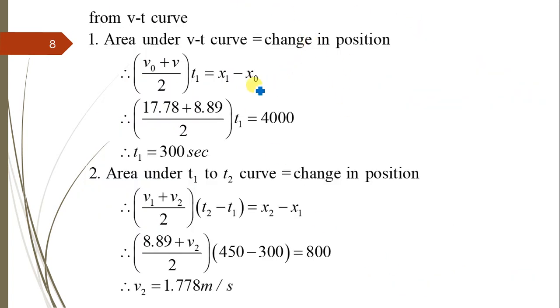Here v0 is 17.78, then v corresponding to t1 is 8.89, divided by 2 into t1, equal to the change in position, that is x1 minus x0, which is equal to 4000. So solving this we get the first time t1 as 300 seconds, meaning to decelerate and cover the first 4 kilometers it will require 300 seconds.